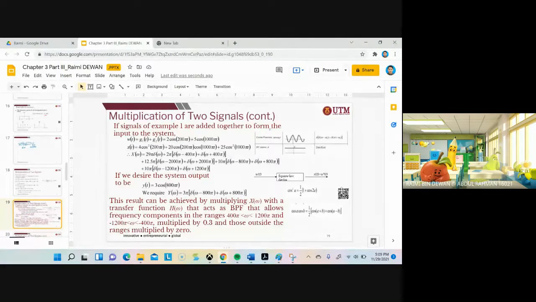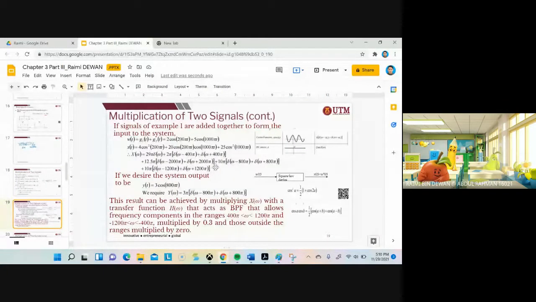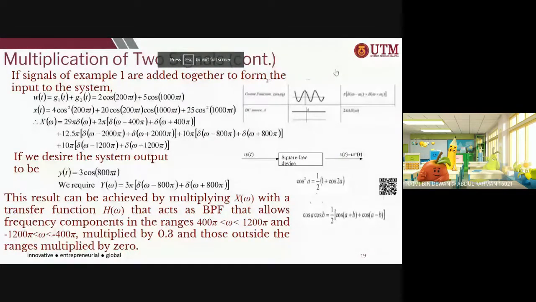Actually, it's very direct. And then if the signals of example 1 are added together, this is what we have, C1 and C2 and so on. If the signals of example 1 are added together to form the input to the system, C1 is 2 and C2 is 5.